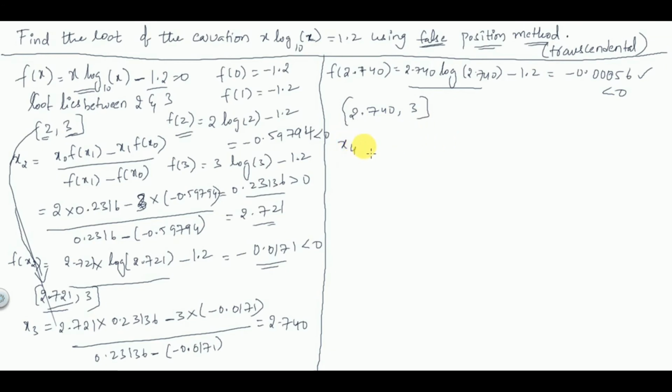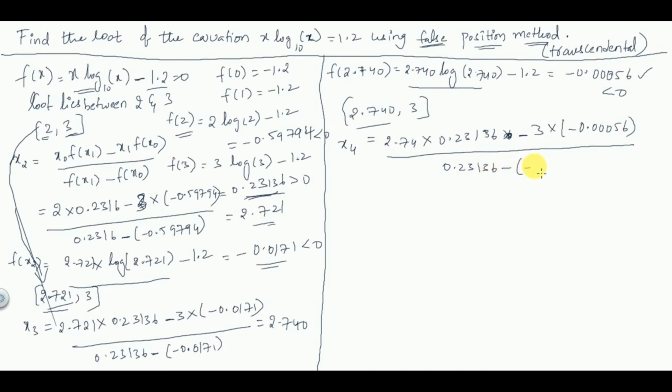The next approximation x4 is given by 2.74 into f of 3, which is 0.23136, minus 3 into f of 2.740, which is minus 0.00056, divided by 0.23136 minus minus 0.00056, that is f of x1 minus f of x0.